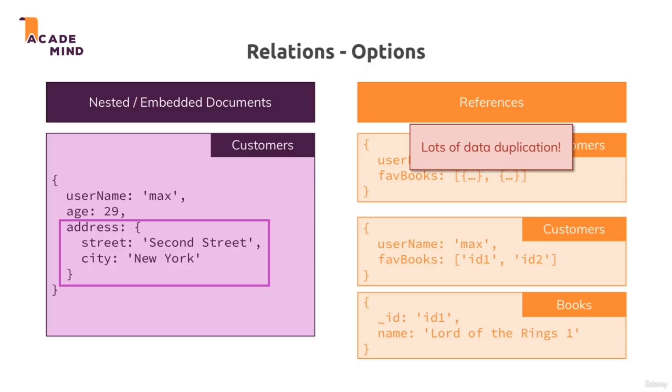And the ID will never change, so we never have to change or touch the favorite books array in the customer document. So we have that relation through a reference. Now, you got these two different approaches. And now the obvious question is, when should you use which? Time to have a look at some examples.